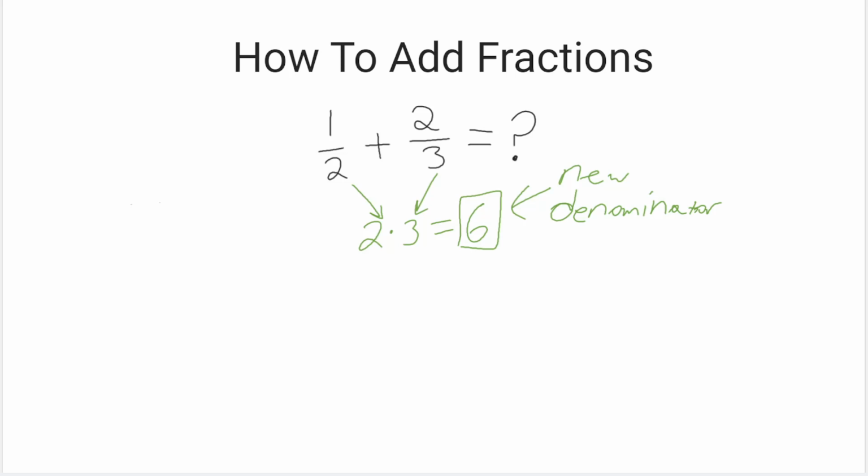So essentially what's going to happen is instead of saying 1/2, I'm going to have something over 6 added to, and then instead of 2/3, I'm going to have something over 6 again. Now we need to find out what those are.